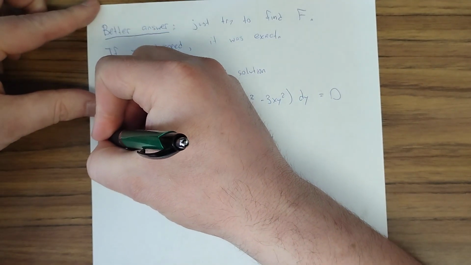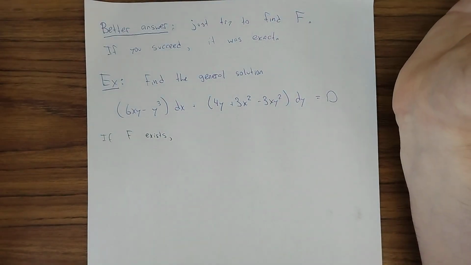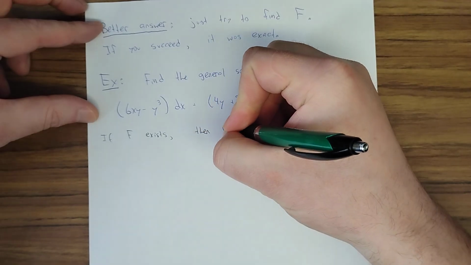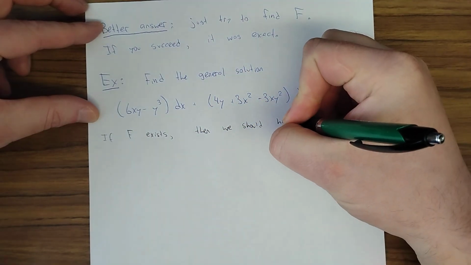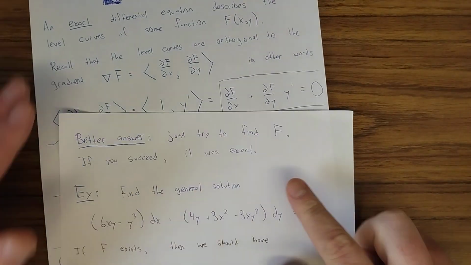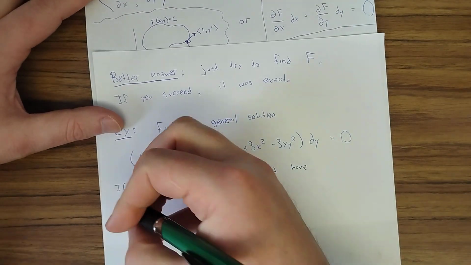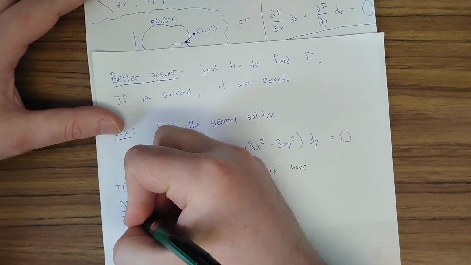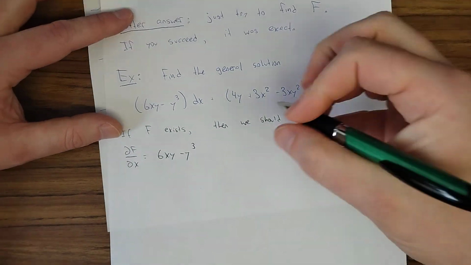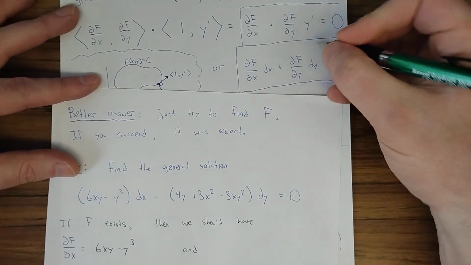Well, if the appropriate f exists, meaning that this is exact with this function f, then this is supposed to be the partial with respect to x. And the dy part is supposed to be the partial with respect to y.